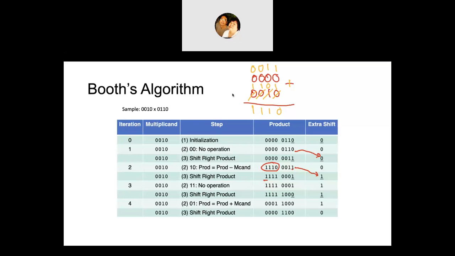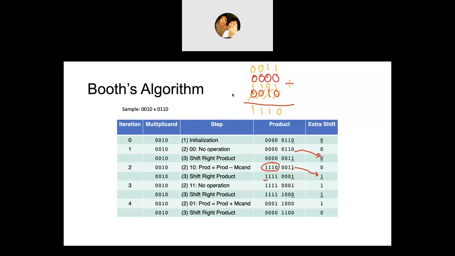Next is the third round. We have to check the product 0 and the extra shift. At this time it is 1, 1. When there are 1, 1, we do nothing. So no operation here. We just copy this row to this one, and we just do the simple right shift.